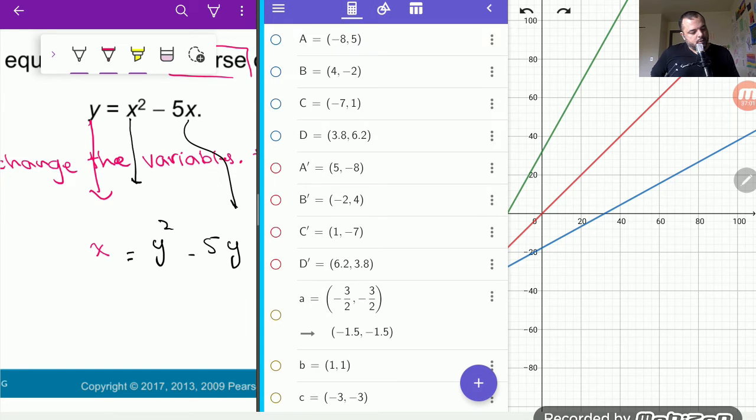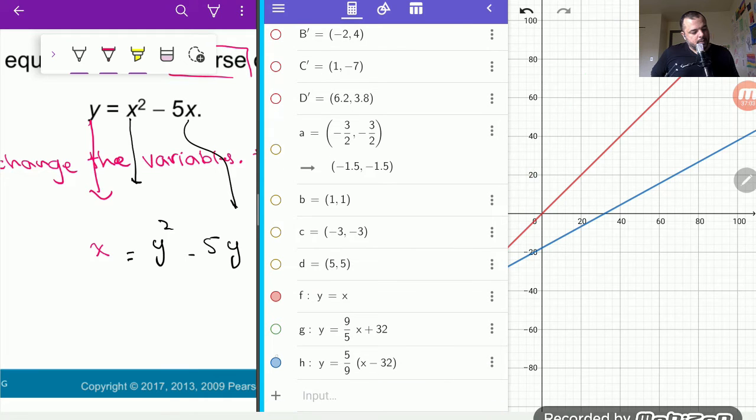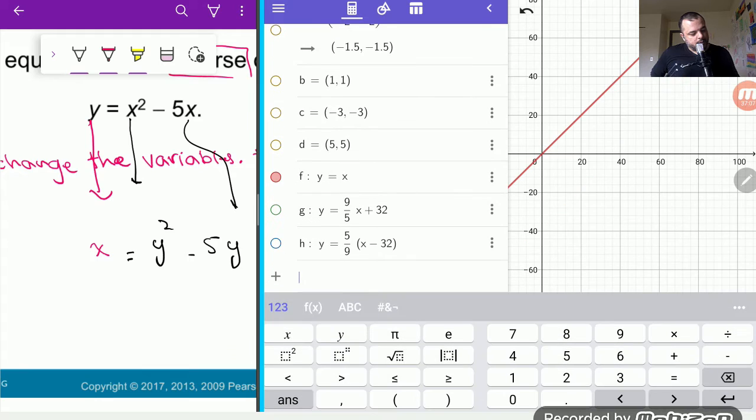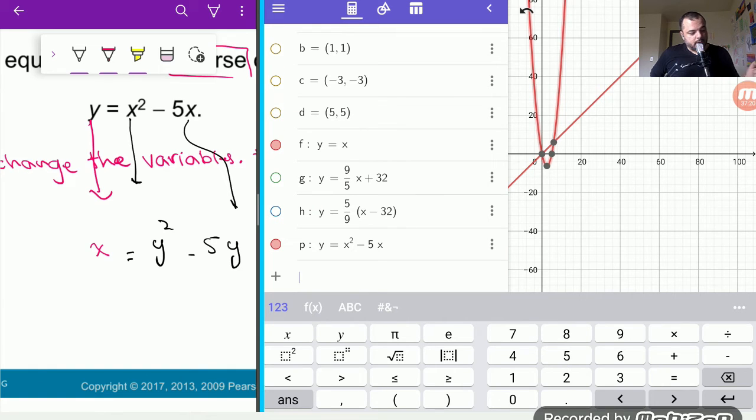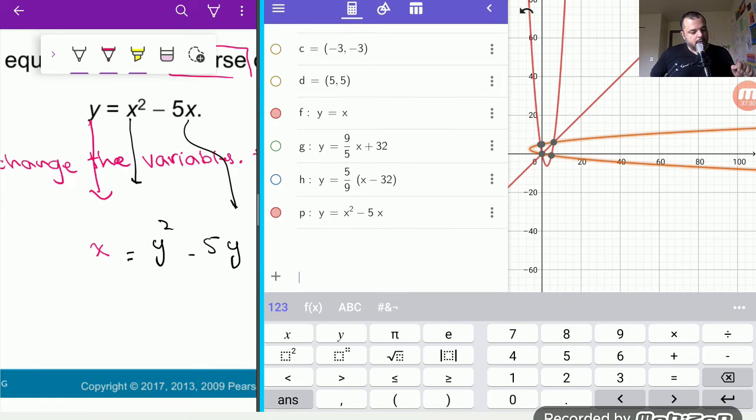So again, I'm going to hide these and I'm going to keep y equals x. So the first one is y equals x squared minus 5 times x. So this is the first relation. The second relation is going to be x is equal to y squared minus 5y. Correct? Enter.